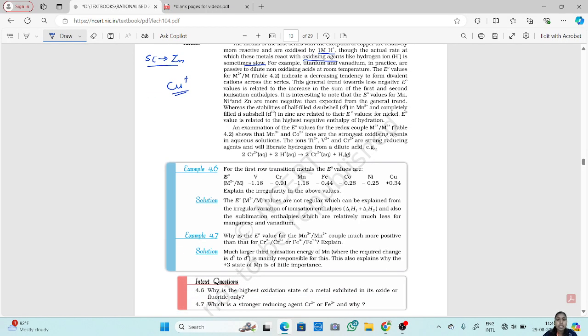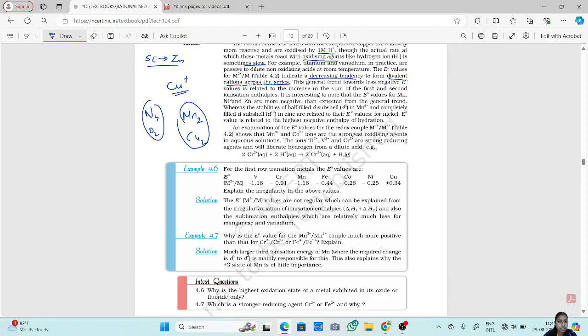Now, there is a decreasing tendency to form divalent cations across the series. Divalent cations means you will not have something like Mn2, Cu2. This kind of molecule is not possible here.